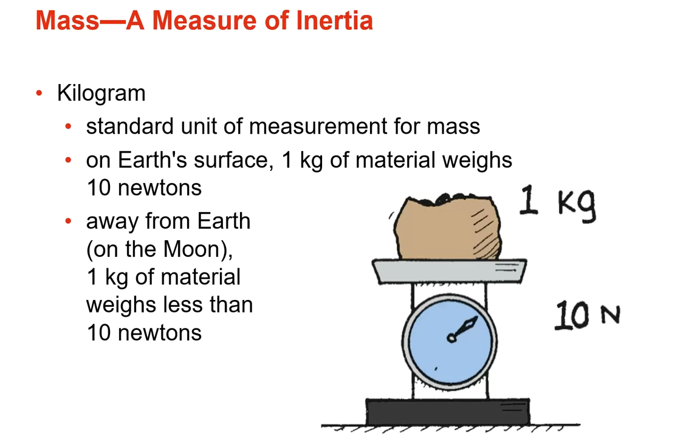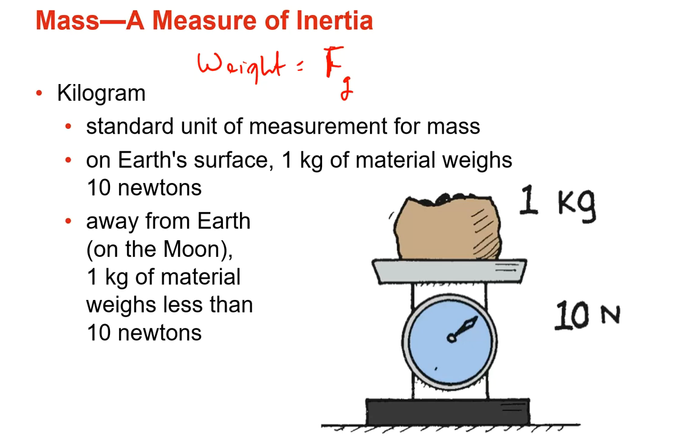So, how much does that weigh? The weight of the object is, and I use an F because weight is a force. So the weight I write is F with a subscript G. F stands for force.